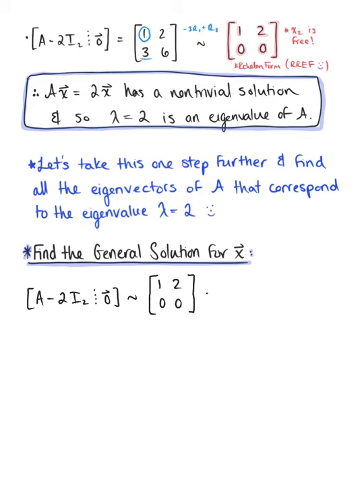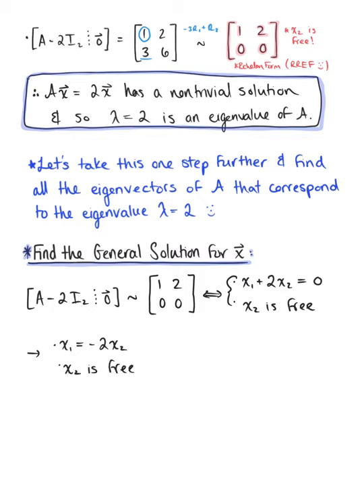We know that this is equivalent to the equation x sub 1 plus 2 times x sub 2 is equal to 0, and x sub 2 is free. Let's simplify this linear system a little further. We can say that x sub 1 is equal to minus 2 times x sub 2, and we already know that x sub 2 is free.